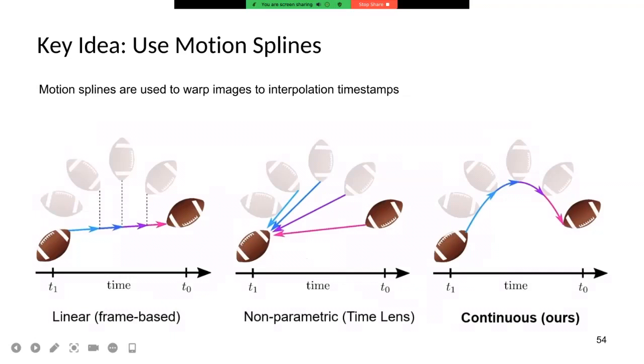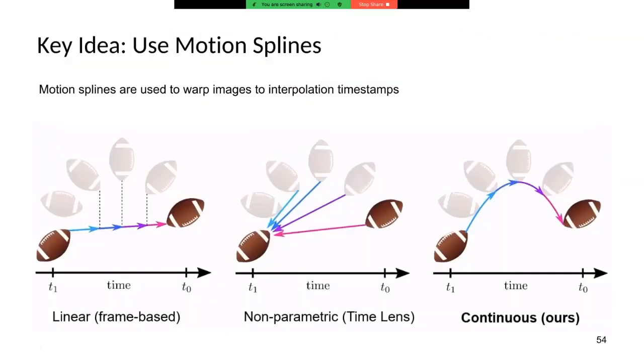Okay, and the key idea in this work is kind of similar to what I presented before. So instead of just linear optical flow or linear prediction in time, we do a continuous prediction of the motion in space and time. And with this, we can essentially predict where each pixel is moving over time to synthesize intermediate frames.